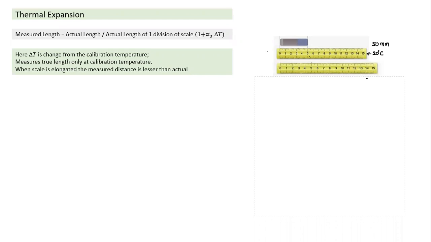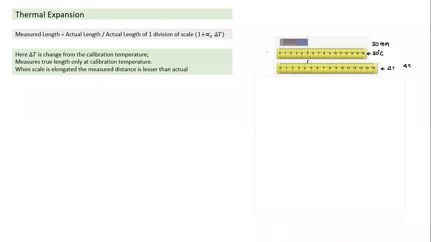So let's see this. I have given an exaggerated view. When the temperature has increased by delta theta, you notice it has expanded. And the same object, when I measure here, I find the length is not 50 mm. Now the length has become something like 45 mm.